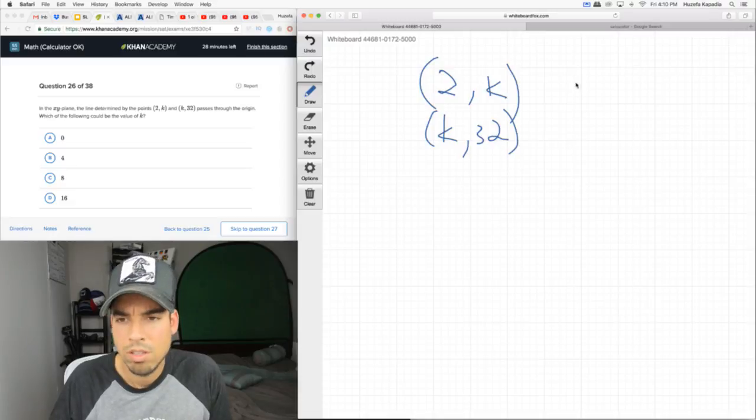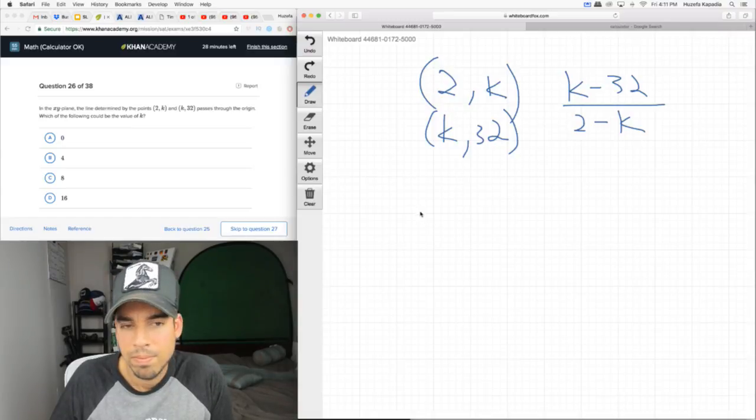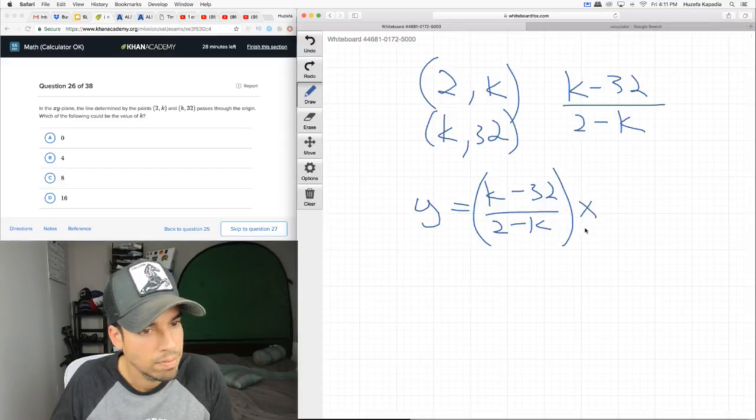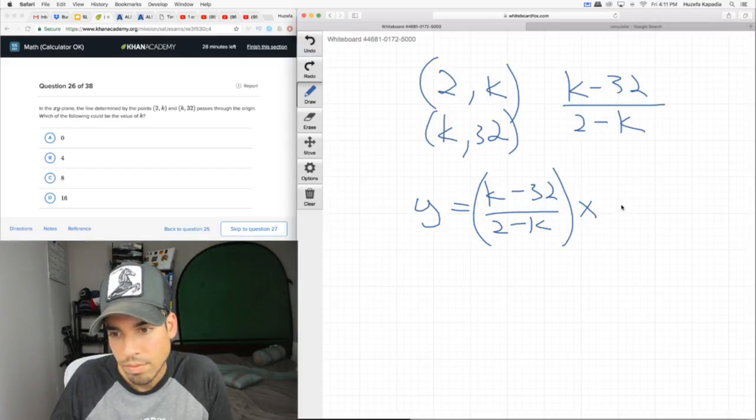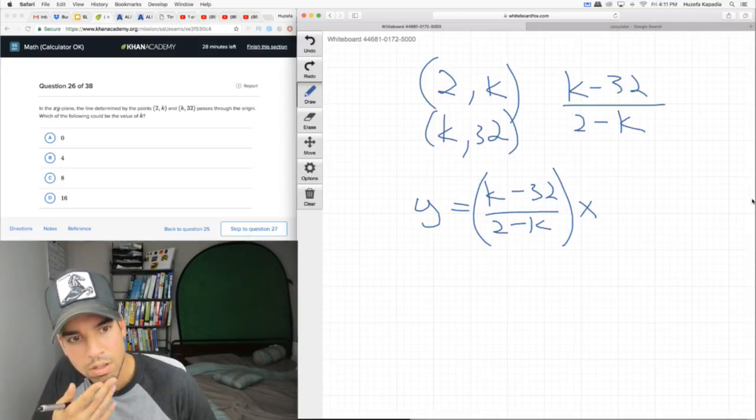Yeah. So then the slope is (k minus 32) over (2 minus k). And then, wait, y equals (k minus 32) over (2 minus k) times x, and there's no y-intercept. Wait a minute.